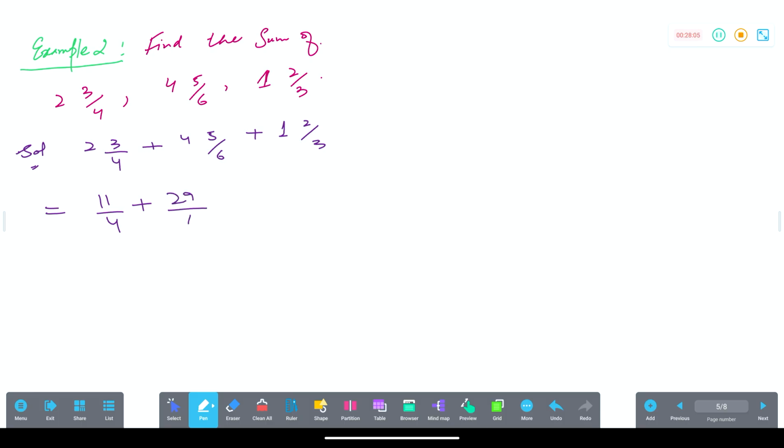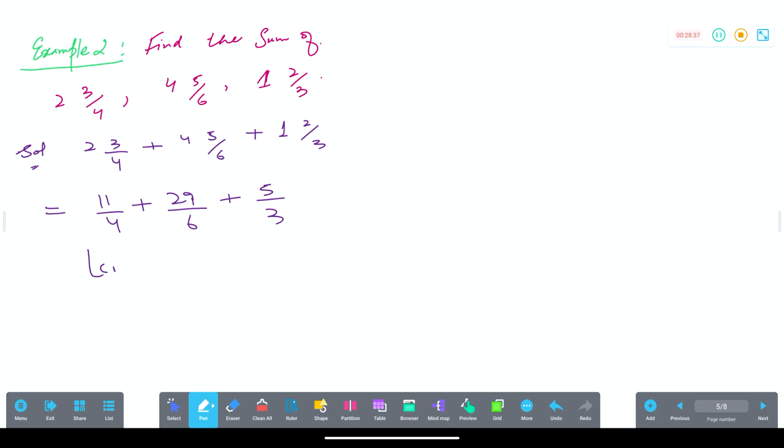Plus 1 3 is 3 plus 2, that is 5 by 3. Now you can clearly see they all are again unlike.